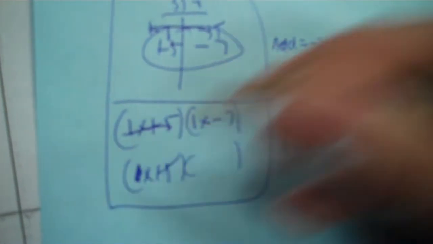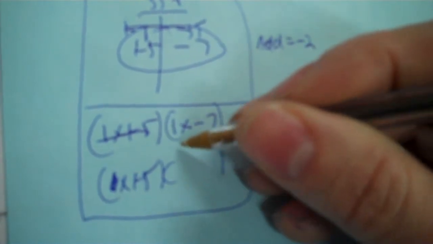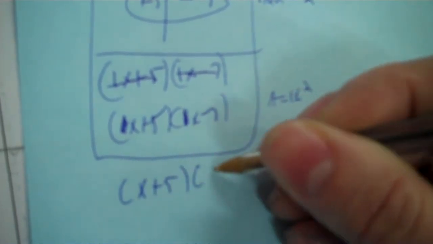So you put your positive 5, I think you know what's going to happen here. You can put the 1s in front of the x's, but it doesn't simplify. Take the 1 away. Doesn't simplify there either. So x plus 5 and x minus 7. So replace this with this. Then you have to factor the other bottom.